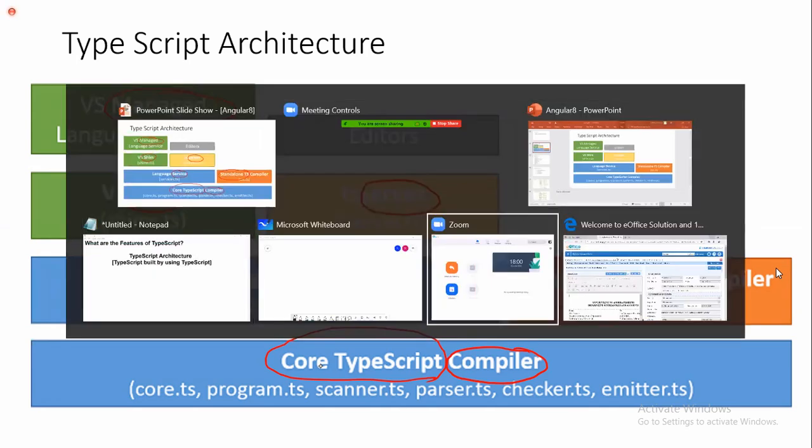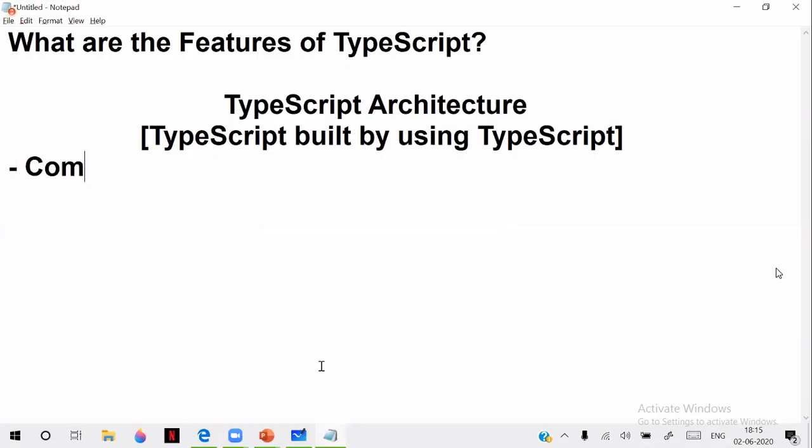That means the basic point we first know is about the compiler. A compiler is used as a translator. It is used to translate into an understandable language.